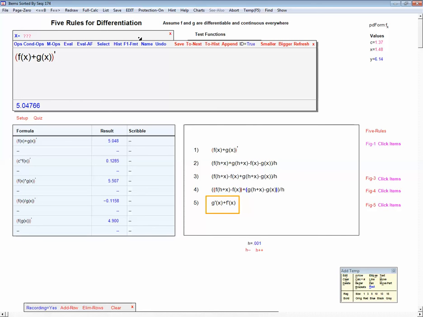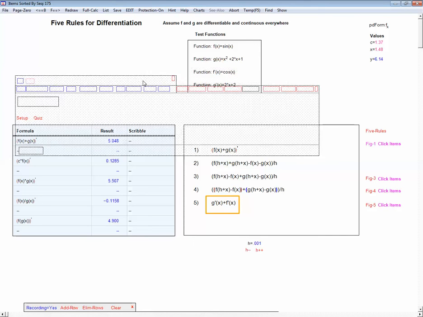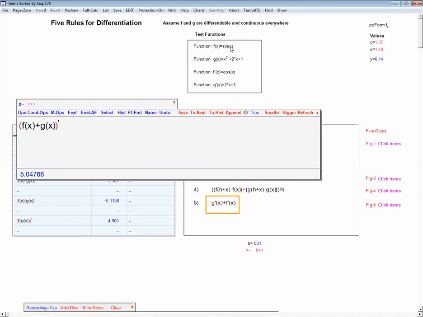And also, let me take note of this. I've actually defined some test functions so that we can do some numerical checking as we go along. And I've chosen functions whose derivatives we know. For instance, the sine of x, we know the derivative of that is the cosine of x.